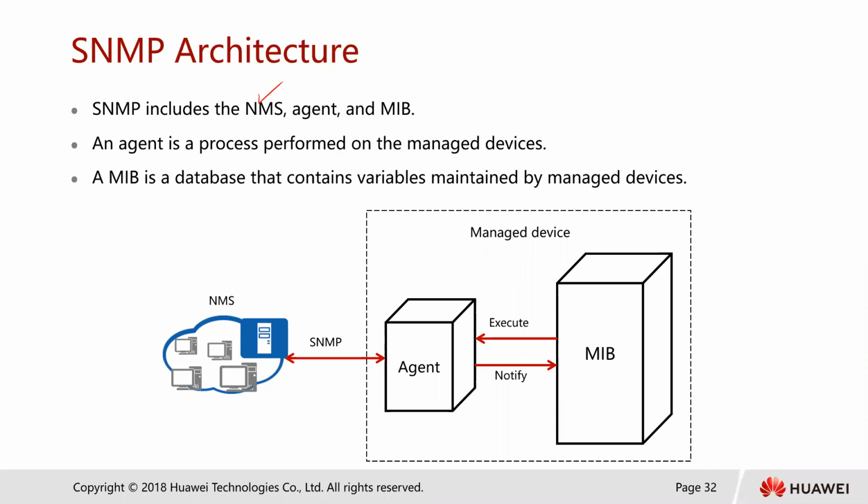What do you think MIB stands for? Management information base. All right, so an agent is a process performed on the managed devices, and an MIB is a database that contains the variables maintained by the managed devices.